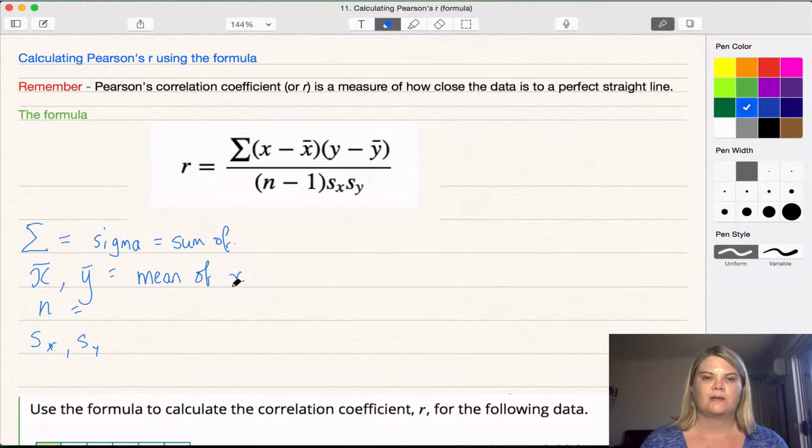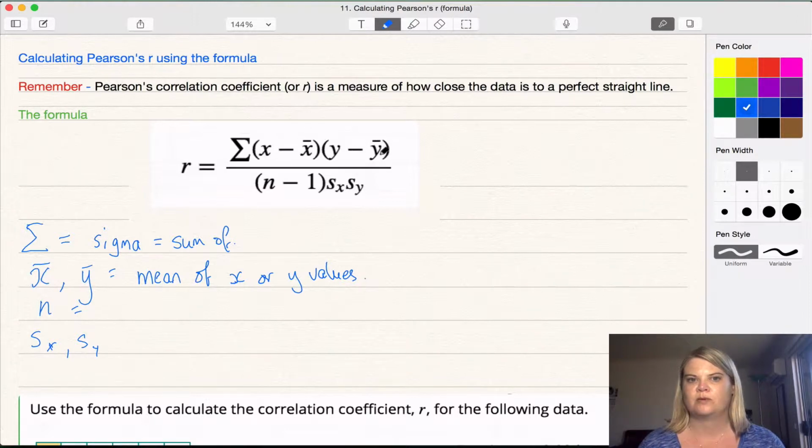So this is the sum of each X value take away the mean times each Y value take away the mean, and then you add them all together for that top numerator.